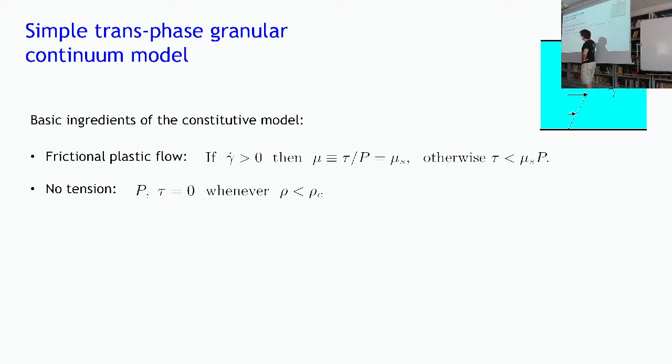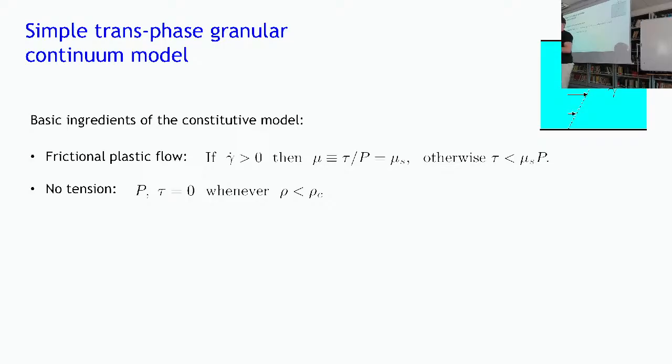And if rho is less than rho c, I say no stress. All the stress must be zero. Now, of course, that's also a simplification, right? So in a typical gas, the particles are not in contact, but there's still a pressure because there's all sorts of fluctuational characteristics that can give rise to stress, even if you're not in contact. Most granular materials are not in that limit. And when the material is separated, it really is close to zero stress.